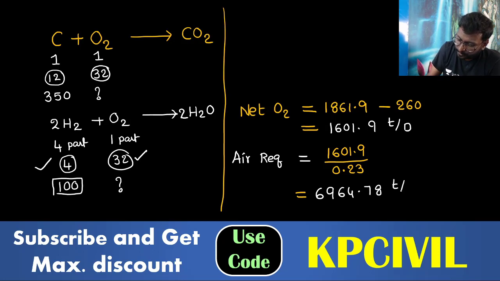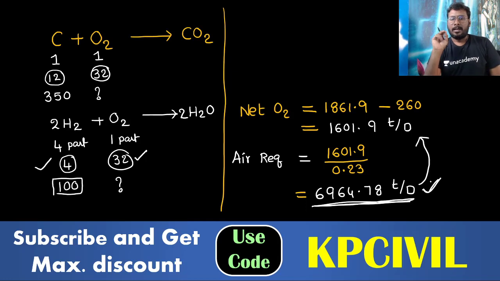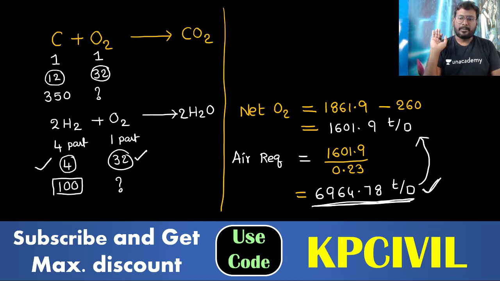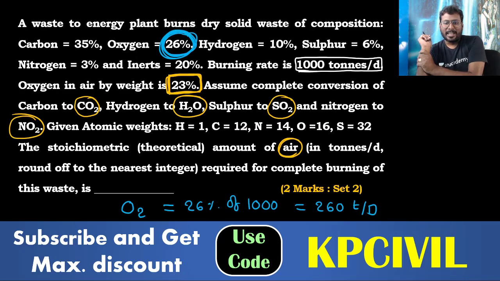That means if you give 6964.78 tons of air, it will give you 1601.9 ton per day of oxygen. So this is your answer: 6964.78 ton per day air required. That is the final answer. Very big question, very complicated, very confusing.